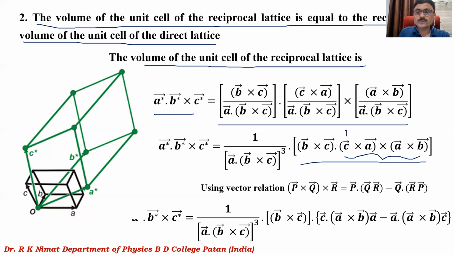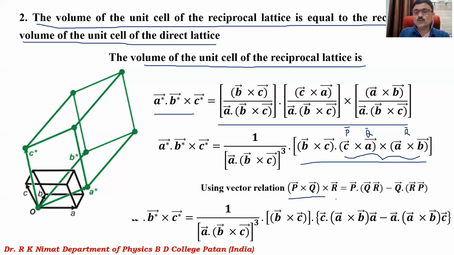I will represent this as vector P, this as vector Q, and this as vector R. So this is vector P, vector Q, and vector R. And if you use the vector identity, vector P cross vector Q cross vector R is given as vector P dot vector R into vector Q minus vector Q dot vector R into vector P.